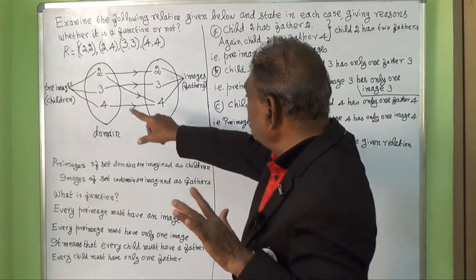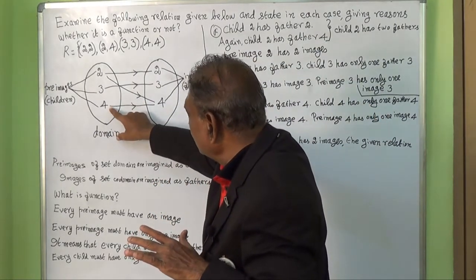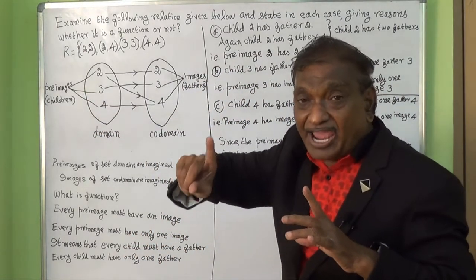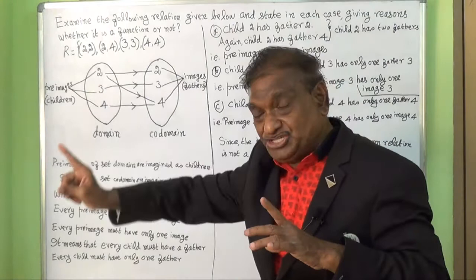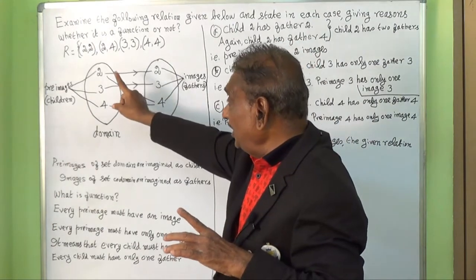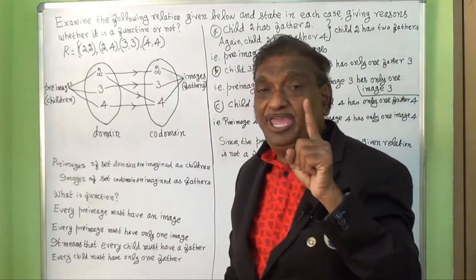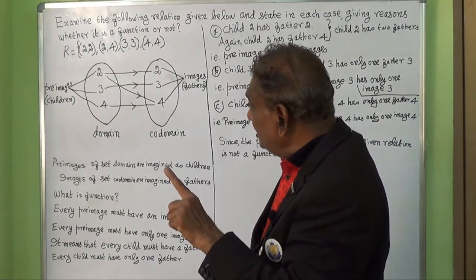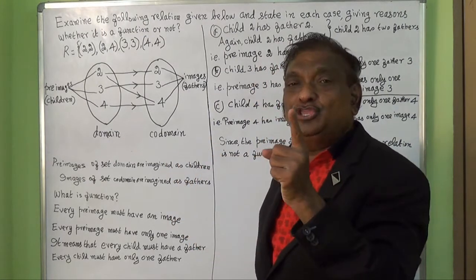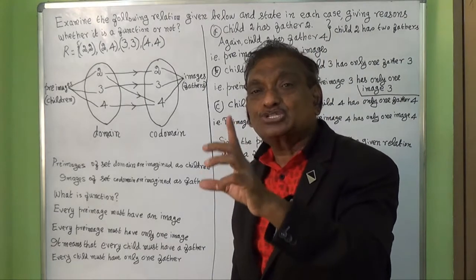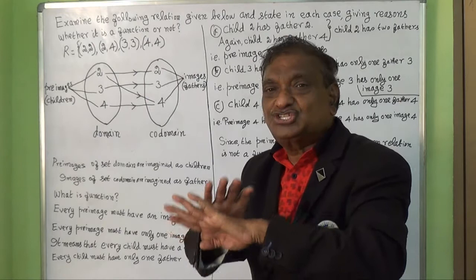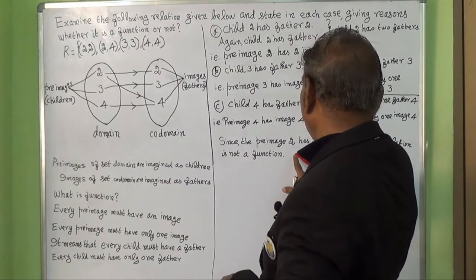So in these 2 cases, the pre-images are having only one image. But in the first case, the pre-image has 2 images. Since the pre-image 2 has 2 images, the given relation is not a function.